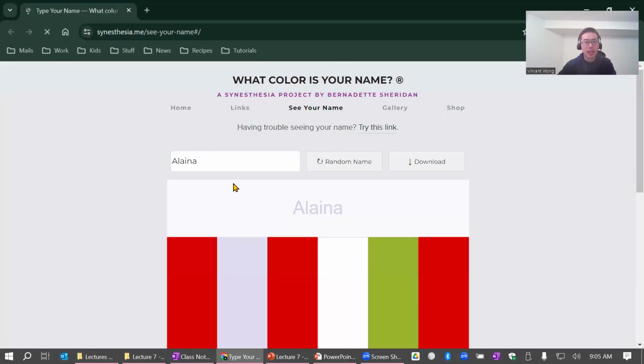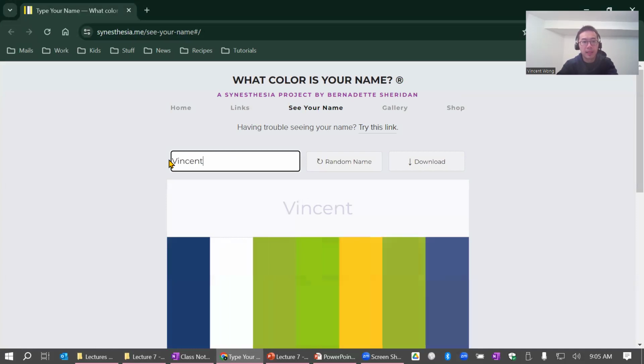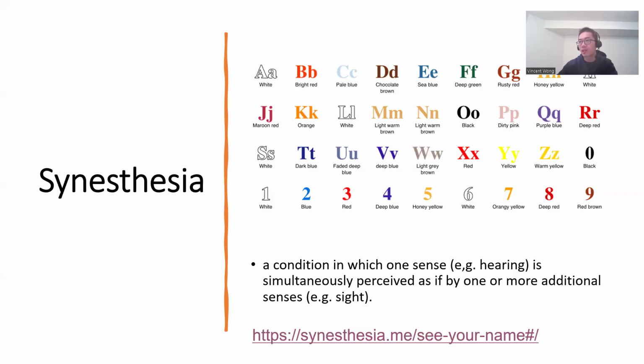It says, type in your name. So I can type in my name. If a person with this condition read my name typed out in black and white, they would see this color. V is this dark blue color, I is white, and so on and so forth. So you can type your name in and see what it appears to be for someone with this condition.